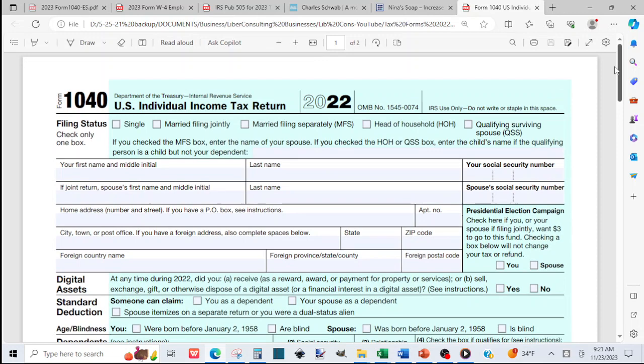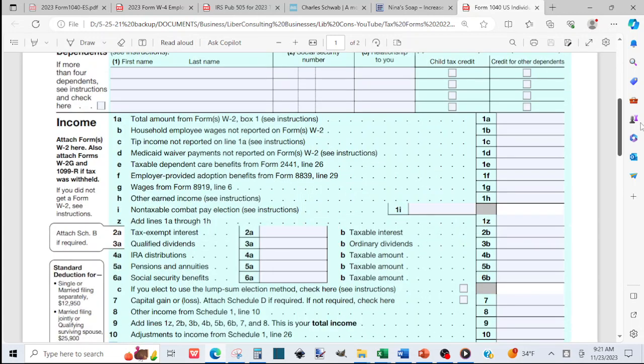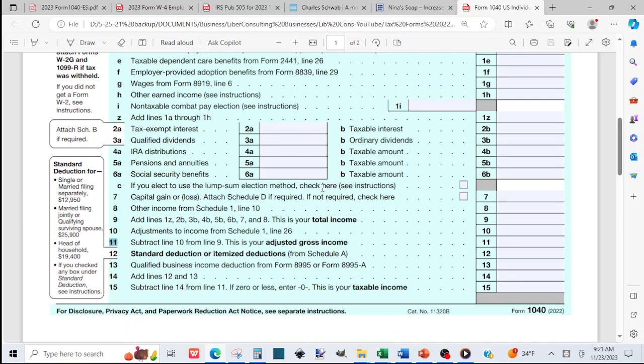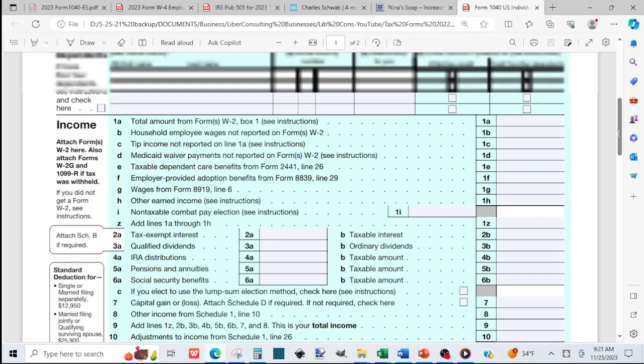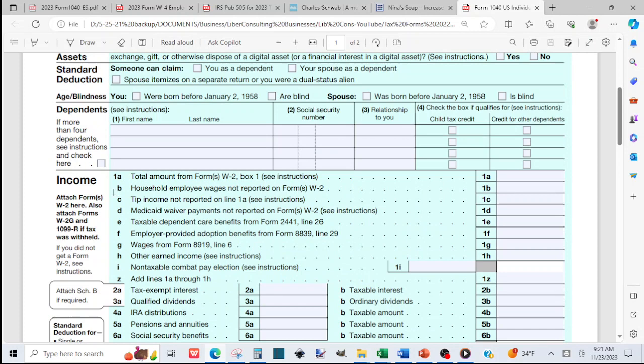On your 1040, you just scroll looking for the adjusted gross income line, and you can go from there if you're expecting about the same, assuming your salary on line 1 is going to be about the same, or your income portion is going to remain the same.